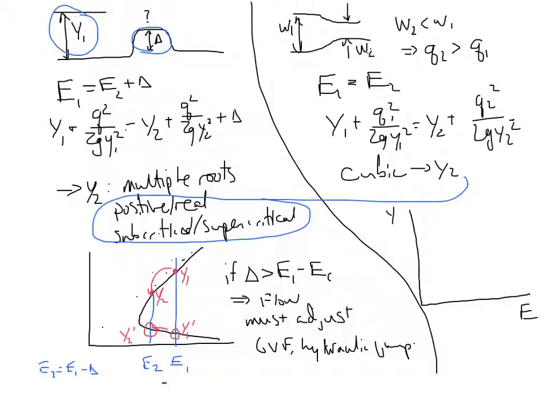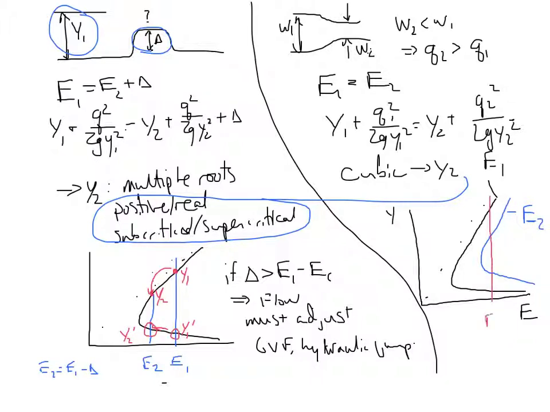Now we need to think a little bit conceptually about what happens in the specific energy diagram for this case. I'm just going to sketch the two curves. So here's E1, and then I'll put in blue E2, where E2 is now greater than E1 because the flow per width is increased.